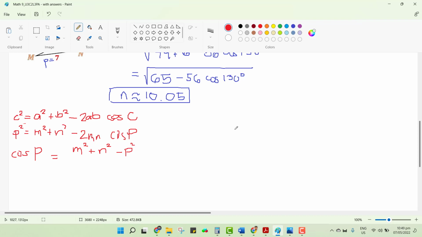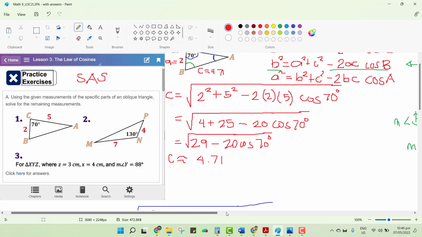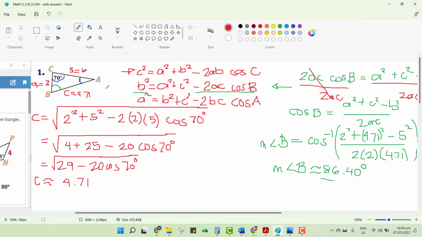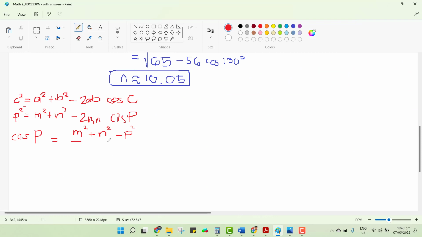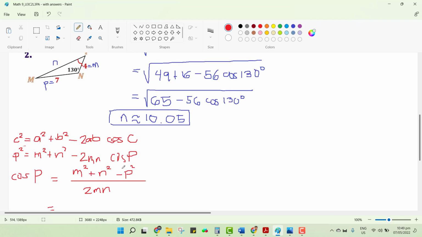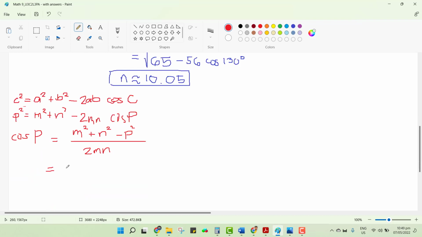Again, using the same process here, we move it there and move the other one here, more or less like that, and divide by 2mn. So let's substitute the values here. We have m is 4, p is 7.